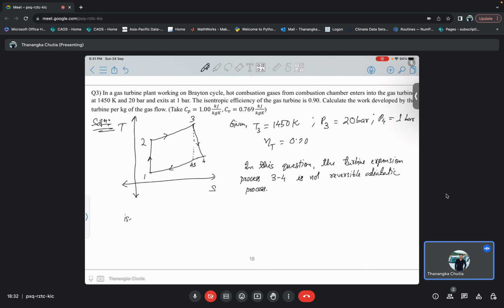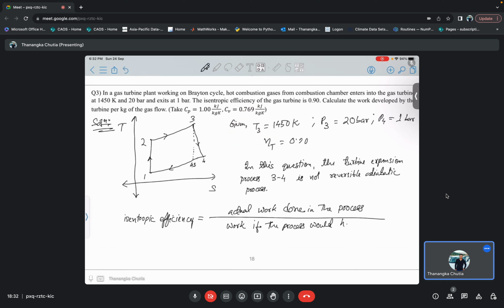So isentropic efficiency is nothing but the actual work done in the process divided by the work done if the process would have been isentropic.